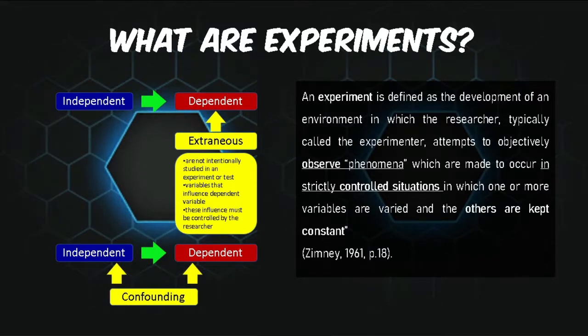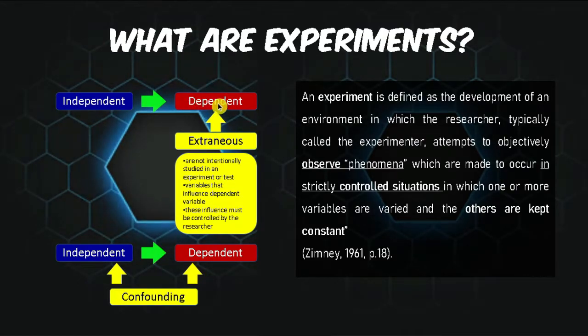To clearly illustrate what we mean by an experiment, we have diagrams here to help us. So normally in an experiment, what we are actually interested in is establishing whether there is a causal relationship between two variables. Specifically, the two variables are called the independent and the dependent variable.